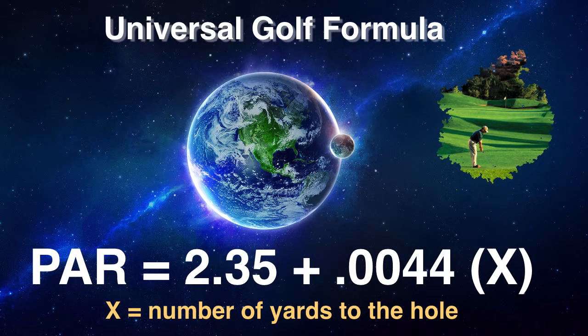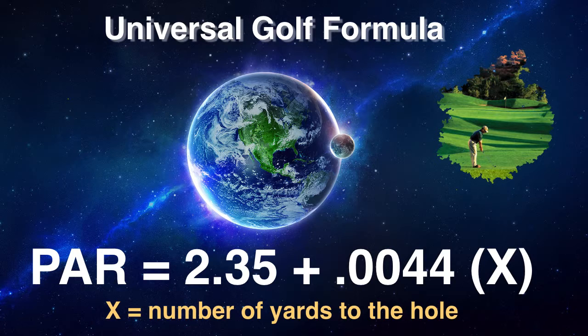The Search for the Perfect Swing study discovered a universal formula for finding the fractional par value of any hole according to its total distance. The formula has a fixed component and a variable component. The fixed component for par at any hole is always 2.35 plus the variable component.